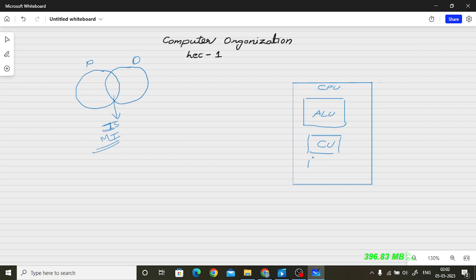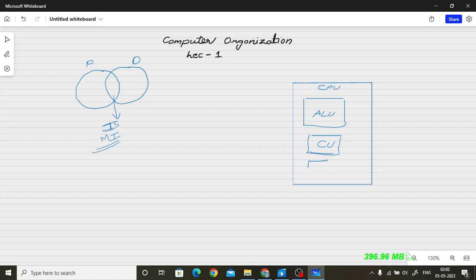So there's a huge mismatch between the speed of a memory and a CPU. That's why we have introduced the registers to overcome this problem.